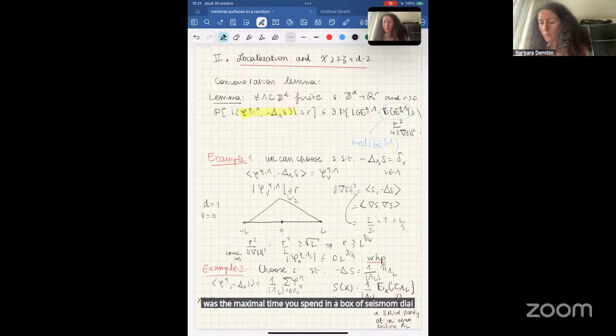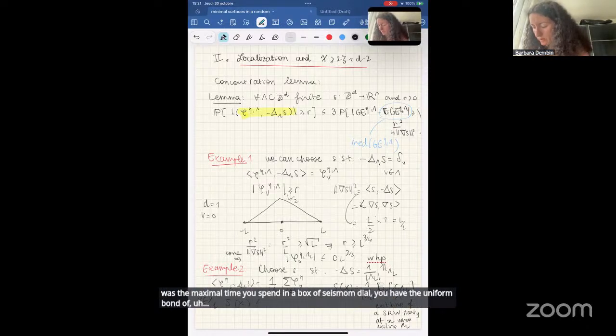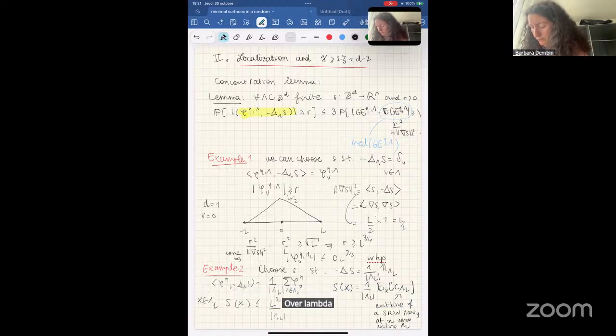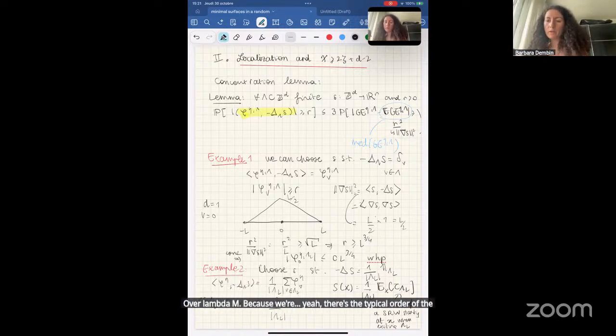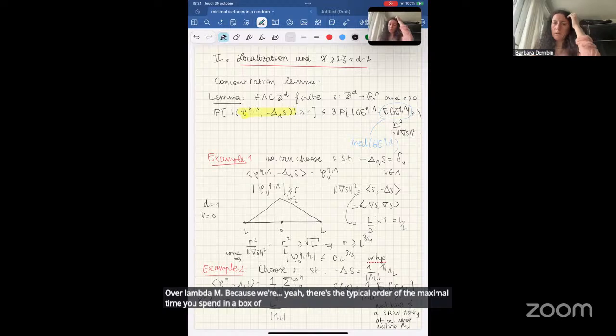You have the uniform bound of L squared, so you have L squared over lambda L, because that's the typical order of the maximal time you spend in a box of size lambda L when you start anywhere in the box. Of course, the estimate is better when you start close to the boundary, but this is sufficient for it.